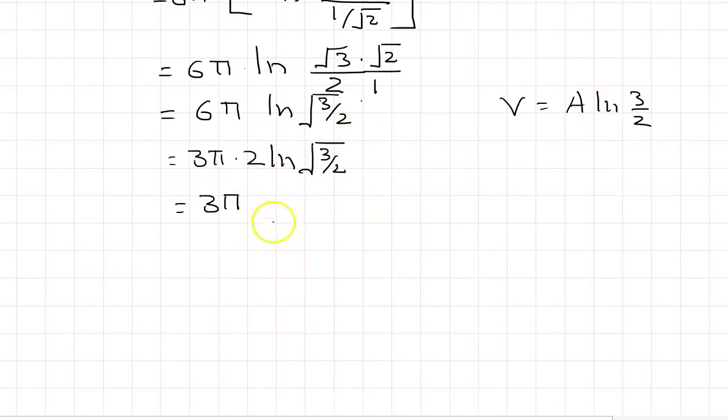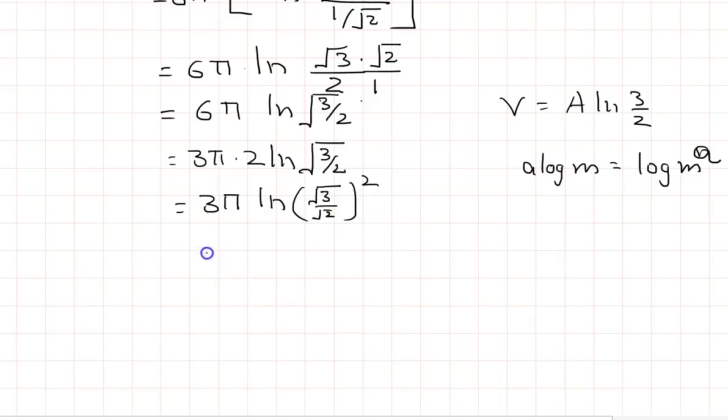This 2 will become the power, since a log m is equal to log m to the power a. So this will become ln root 3 over root 2 to the power 2. So that is 3 pi ln, root 3 square is 3 over 2.